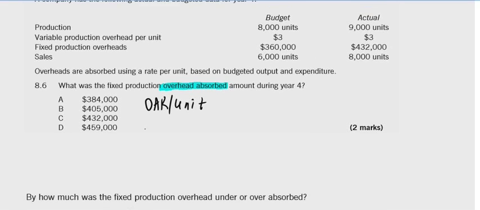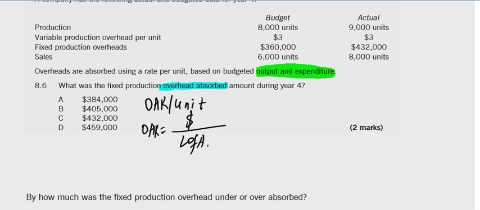The overhead absorption rate equals budgeted production overhead cost over budgeted level of activity. It might be units, labor hours, or machine hours, but here it says it's based on budgeted output and budgeted expenditure.